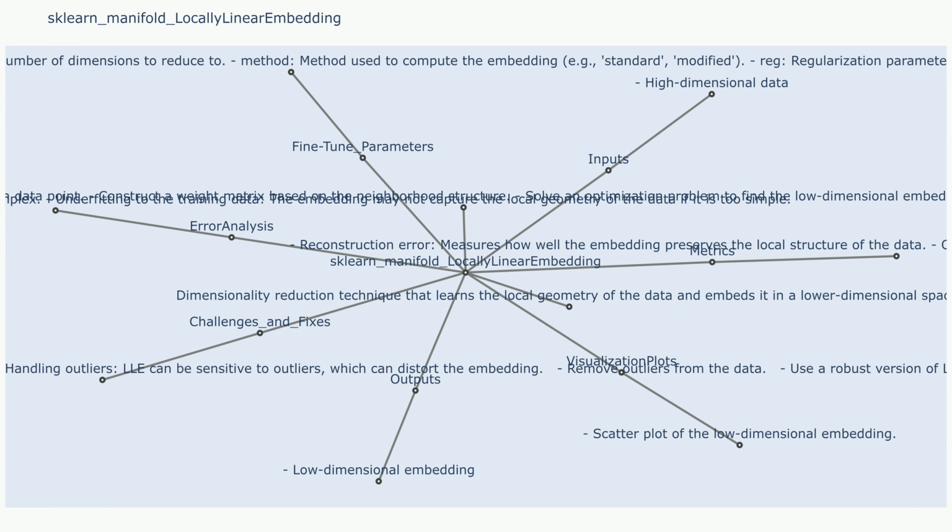Approximate neighborhood search. Employing efficient approximate nearest neighbor search algorithms to speed up the neighborhood search step. Optimized solver. Choosing an efficient solver for the optimization problem, such as ARPACK or LOBPCG for larger datasets.